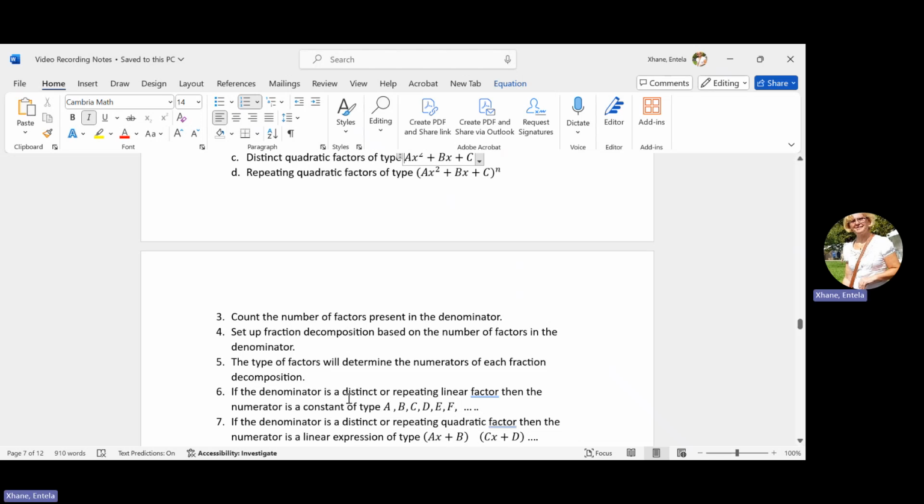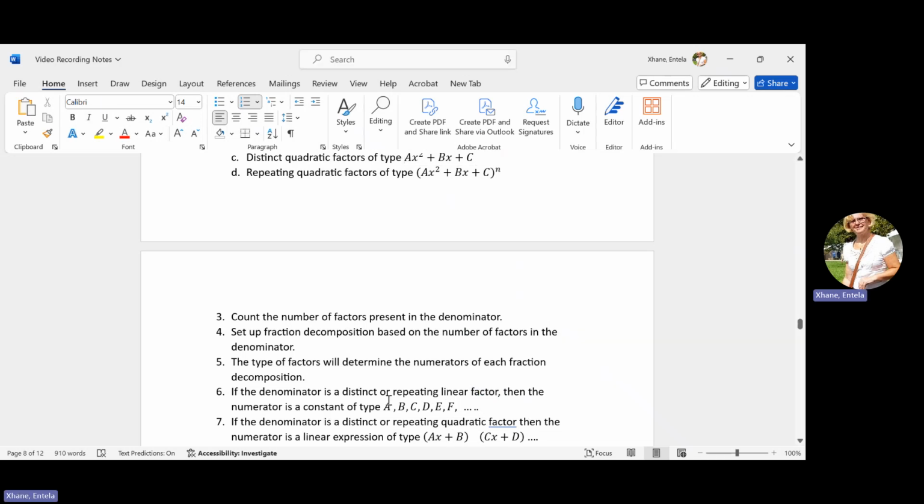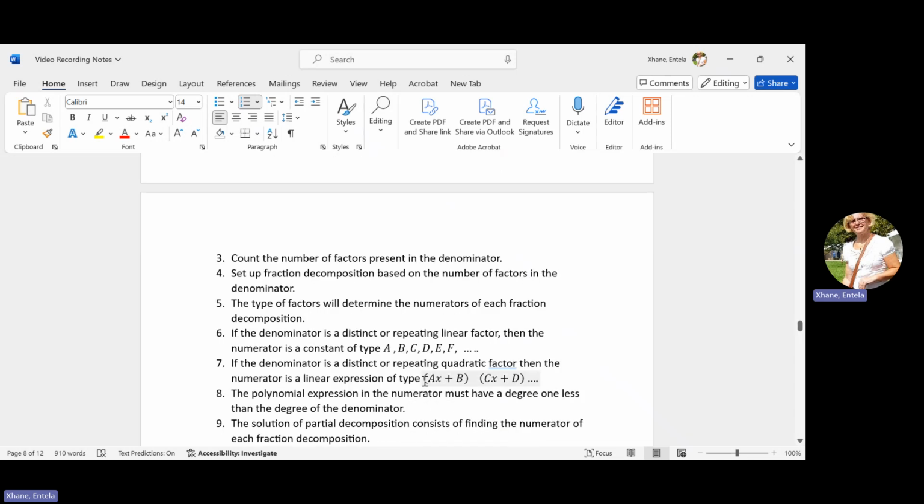So if the denominator is a distinct or a repeating linear factor, then the numerator is going to be constant. So we call them A, B, C, D, and so forth. But if the denominator is a distinct or a repeating quadratic, then the numerator must be linear. It's going to be of the form ax plus b, cx plus d, and so forth.